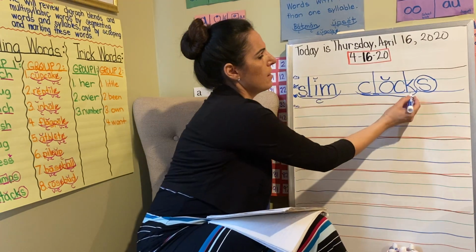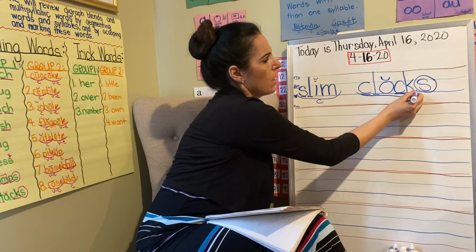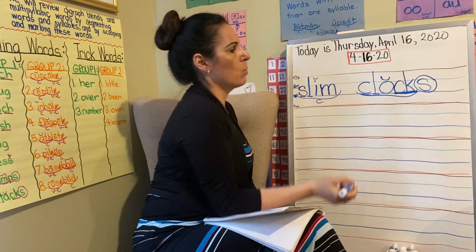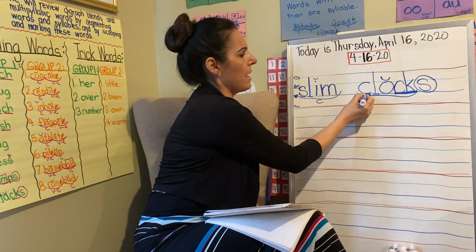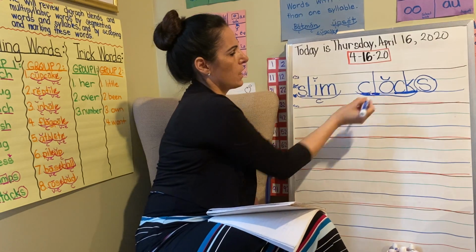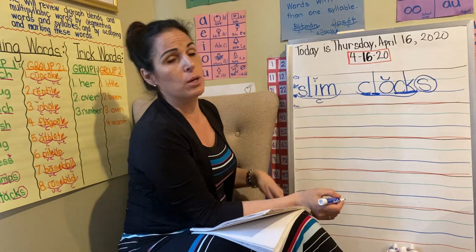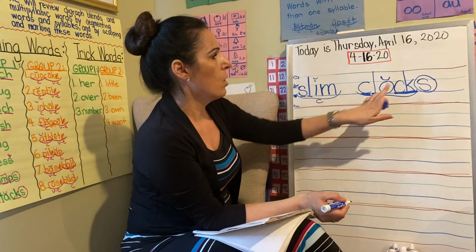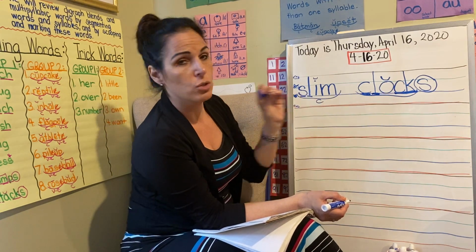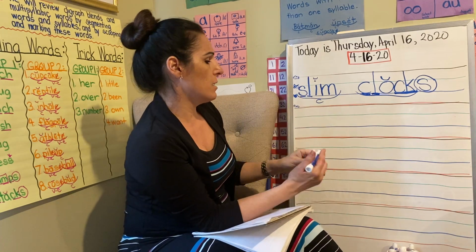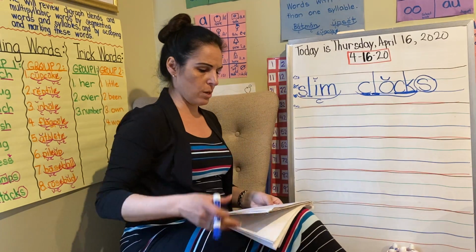The CK becomes one sound, so we underline that CK with one line. The C and the L is a consonant blend, so each one gets its own underline because it keeps its own sound, whereas the C and the K together become one sound. So that is our review. You guys did a great job with that.